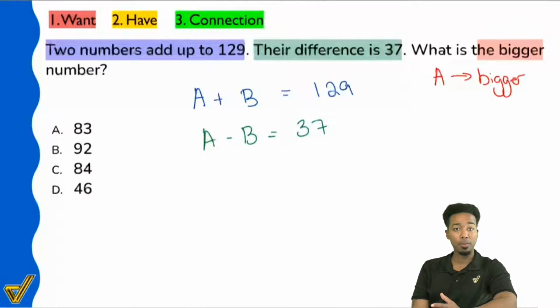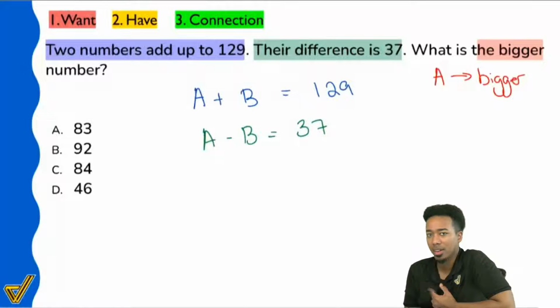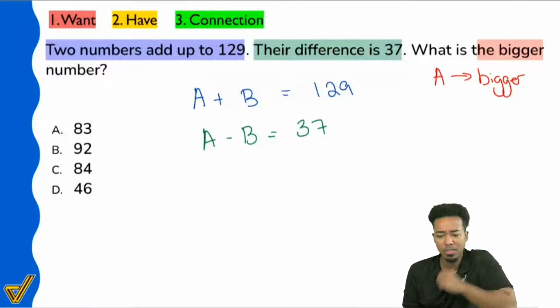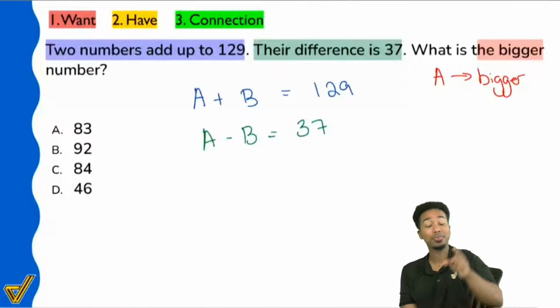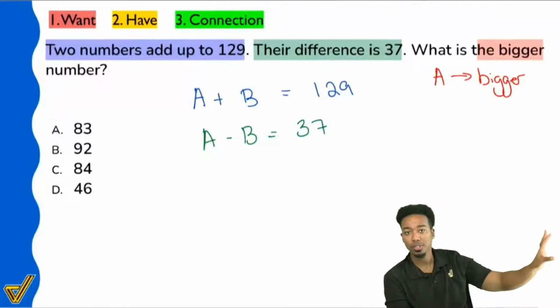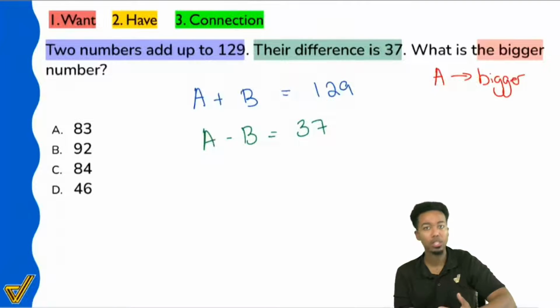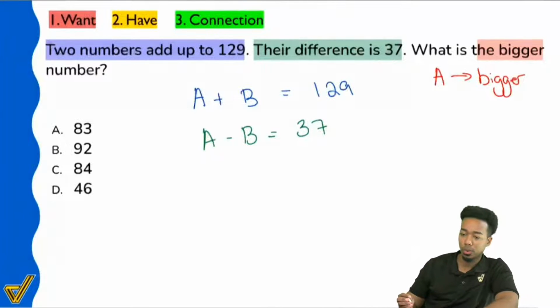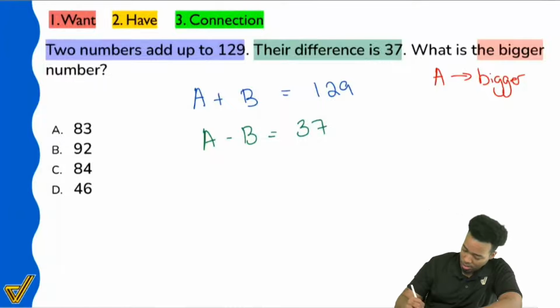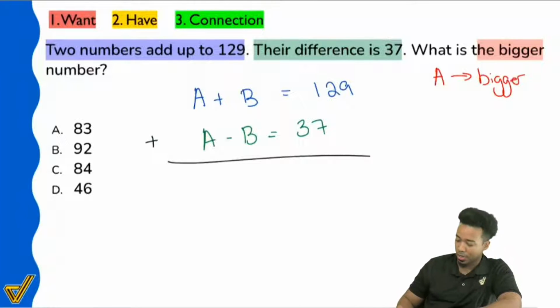So now that we're here, what did we say we could do? What was that E word that I said earlier? We are going to eliminate, or completely take out, that B variable. It's called elimination. So we are going to add these two equations together.